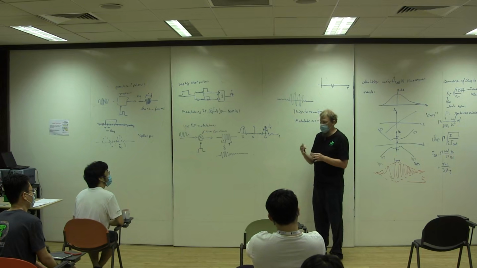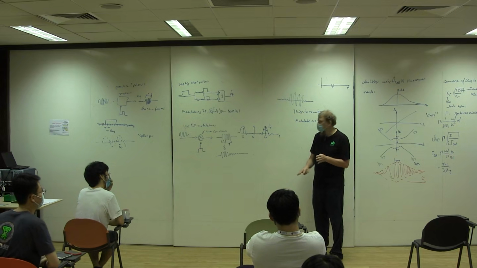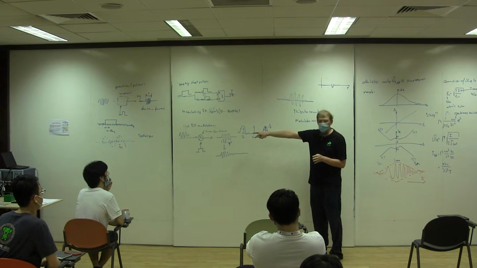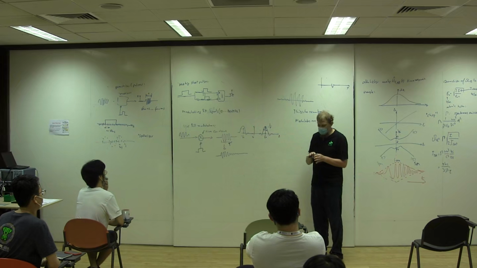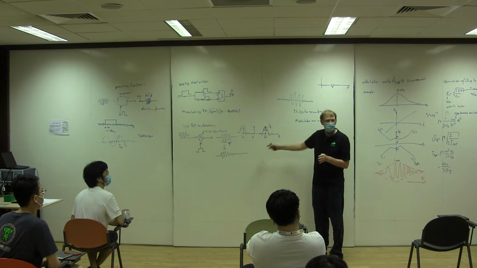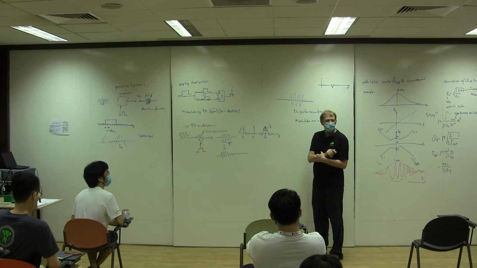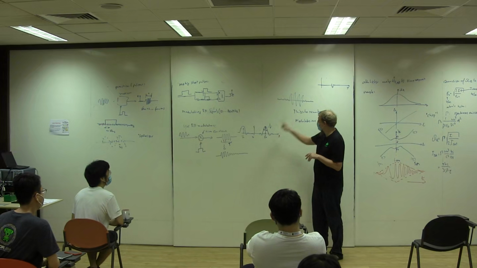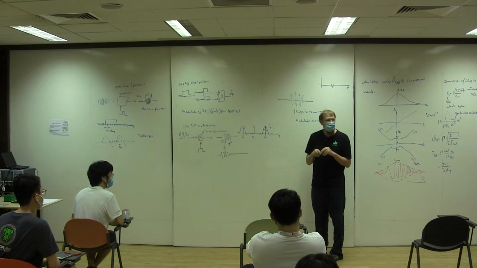When the thing is on, you have a particular frequency, and when you want to have it off, you not only kill the amplitude, which may not be perfect, but you also move the frequency somewhere else. And then you may be so far off resonant that the effective Rabi frequency is extremely small. So these are tricks to make sure that the imperfect modulators don't make your life troublesome.